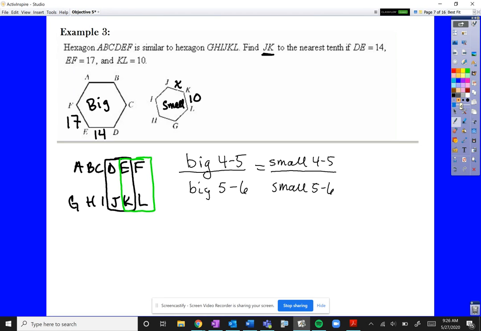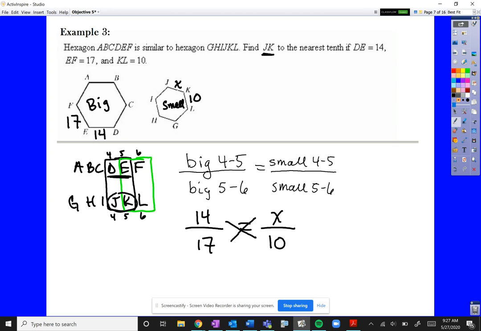So the big hexagon that connects 4 and 5 will be DE, which is 14, over the big that connects 5 to 6, so that's EF. So that'll be 17. The small one that connects 4 to 5 is going to be JK. So that's X over the small one that connects 5 to 6. That is KL, which is 10.